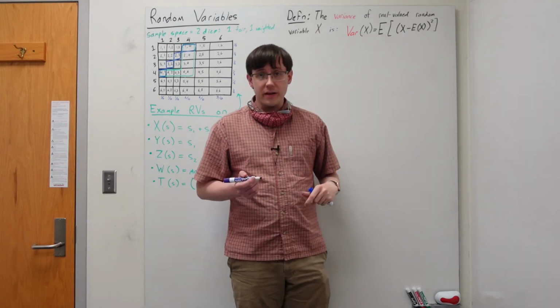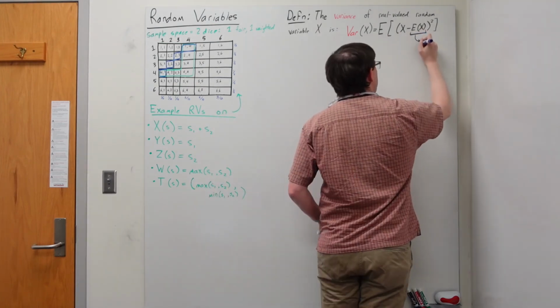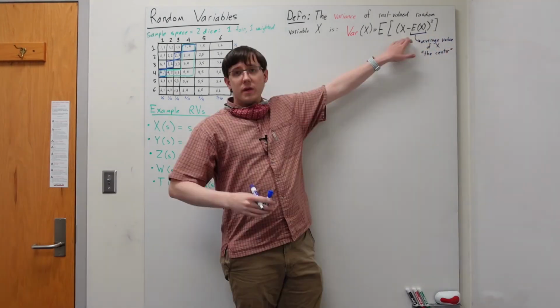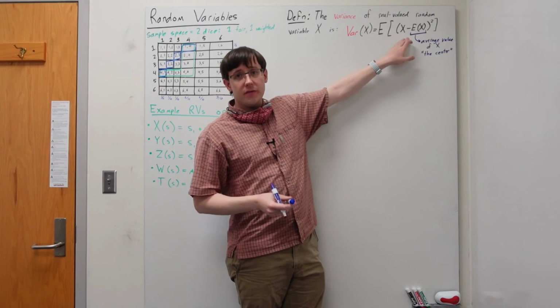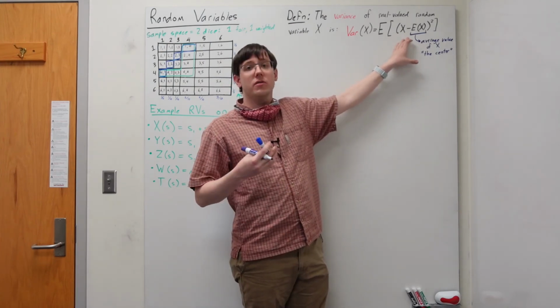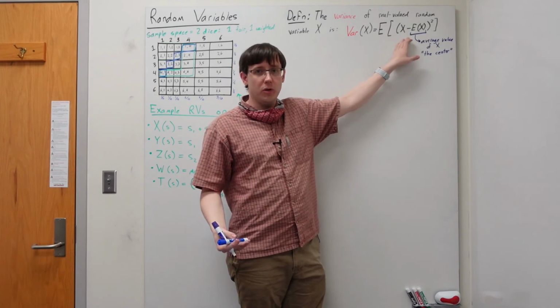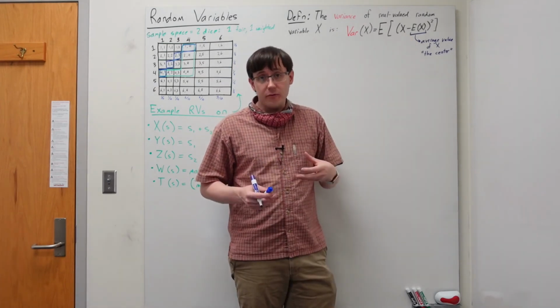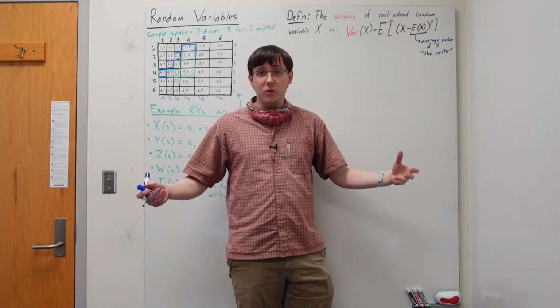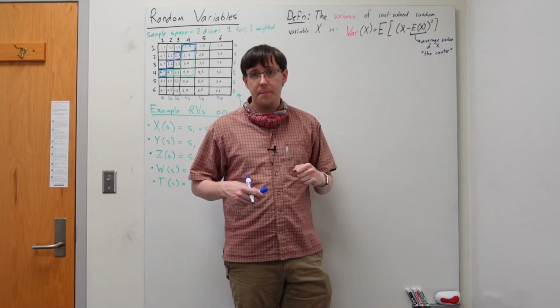So let's break that down. The expectation of variable x is the probability weighted average value for that random variable. And so we can think of that average as the center of the range of values that x can take on.